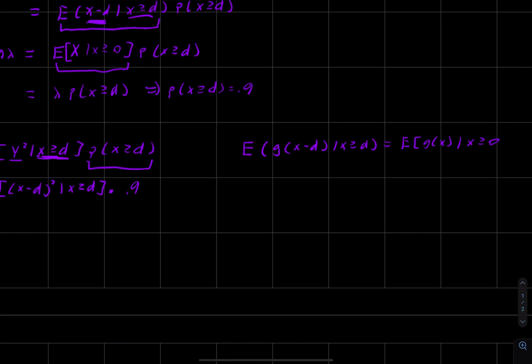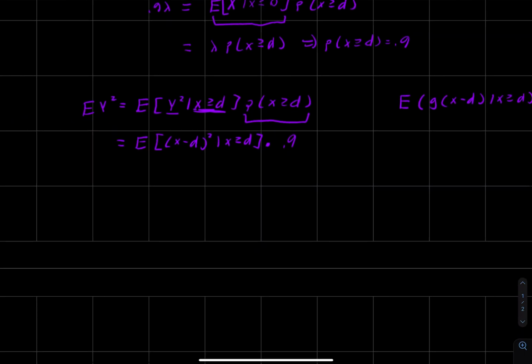And so what we're saying here is this can be any function. This could be the exponential function, cubed, to the fourth, whatever. We can just go ahead and take this minus d out if that's where we're starting in the support. So here we're squaring it, but that's okay. We can just say that this is the same thing as E of X squared.